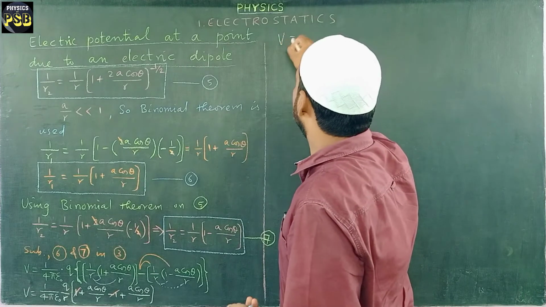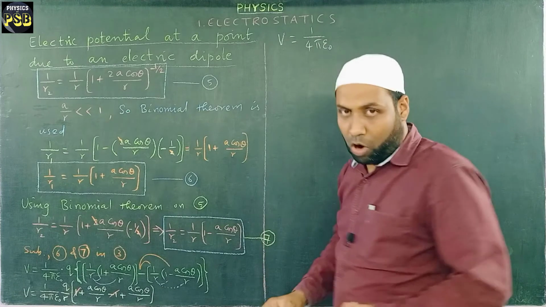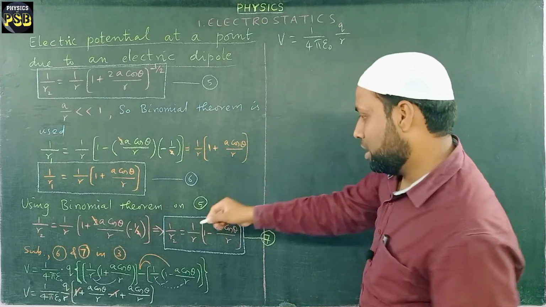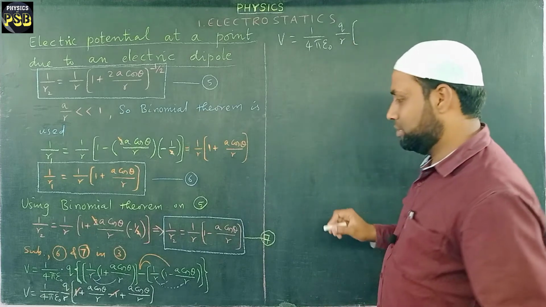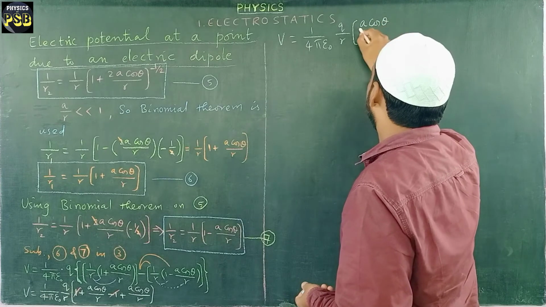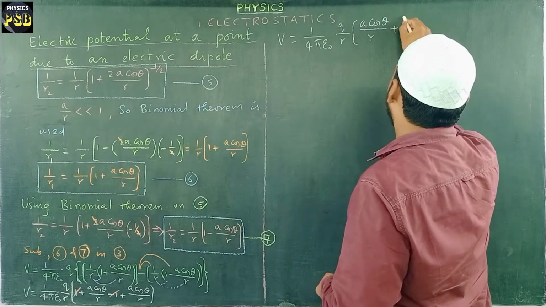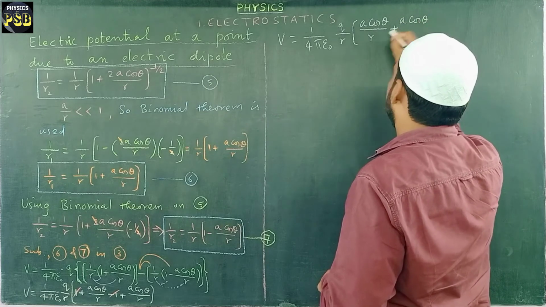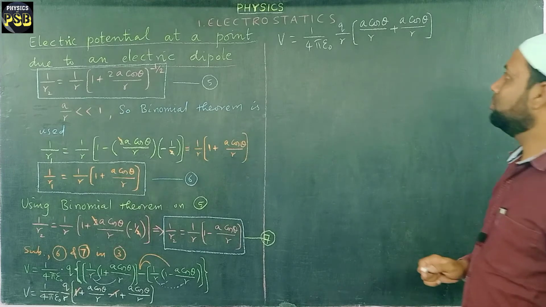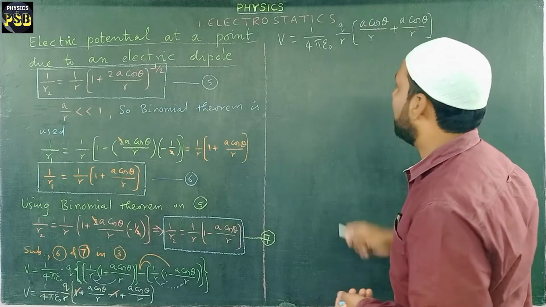V equals 1 upon 4 pi epsilon naught multiplied with Q upon R, and what is left inside the bracket is a cos theta divided by R, then added with a cos theta divided by R. Now I add these two terms present within the bracket.